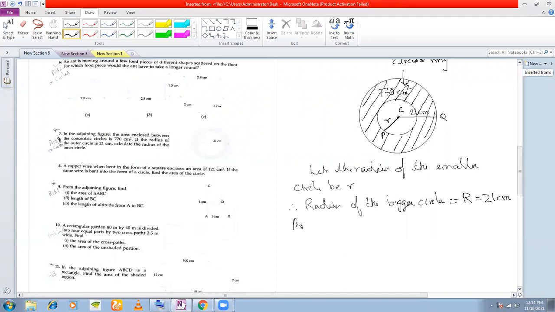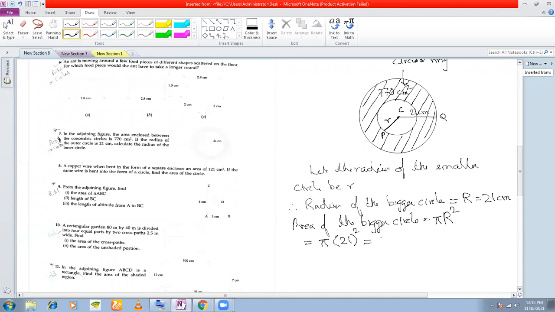Area of the bigger circle is pi r square, but which r? Radius of the bigger circle. So pi capital R square, right? So pi, and what is the value of capital R here? 21. So put it here, 21 square.